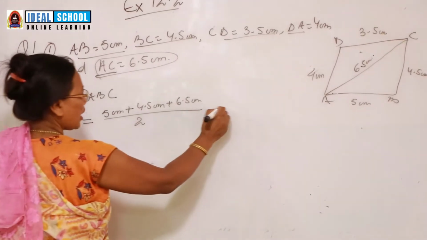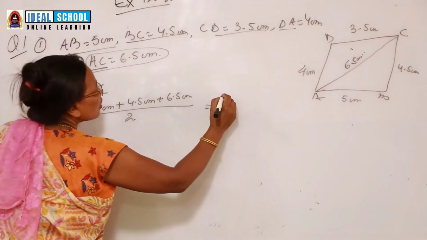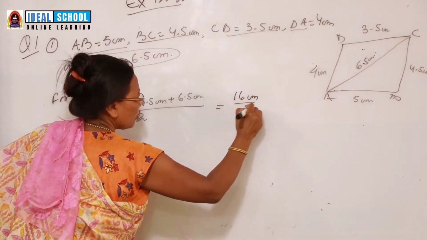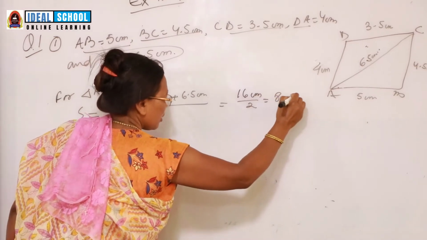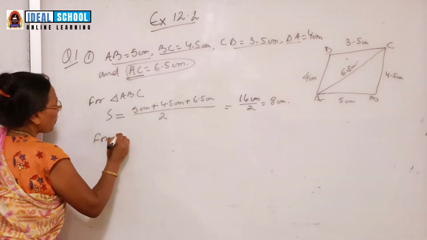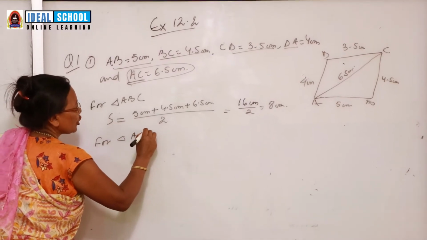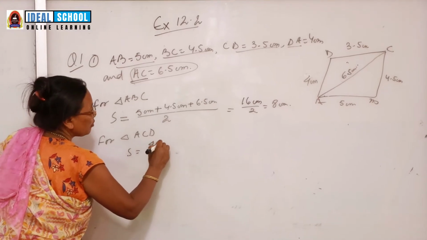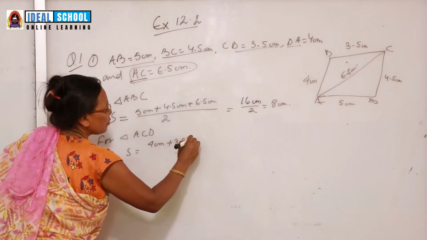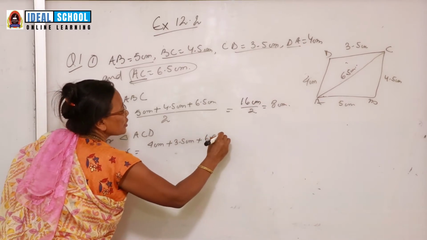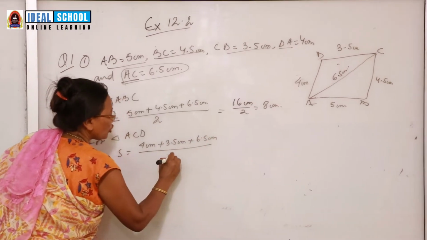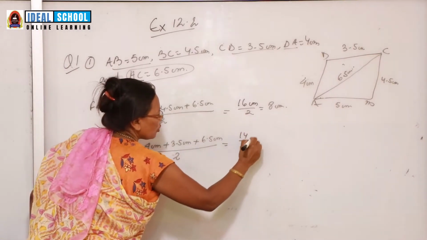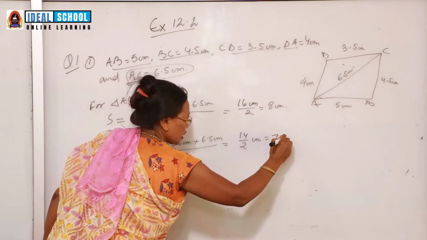How much is that? 5, 10, 11, 16. 16 centimeter by 2 is equal to 8 centimeter. For triangle ACD, S is equal to 4 centimeter plus 3.5 centimeter plus 6.5 centimeter by 2. That is 14, and 14 by 2 is equal to 7 centimeter.